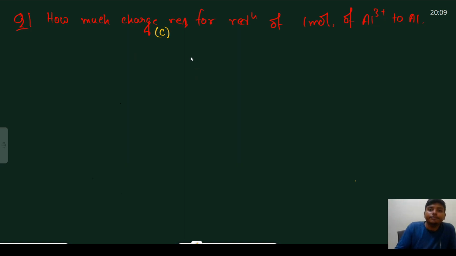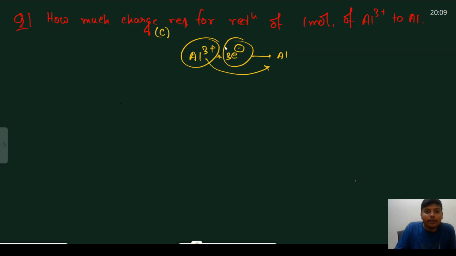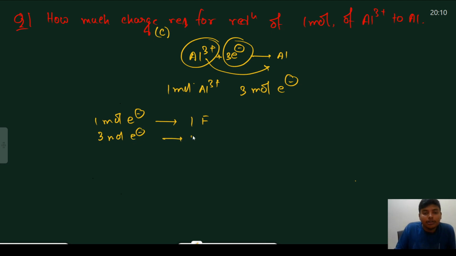Okay, simply listen. Al3 plus to Al. How many electrons do I need? 3 electrons. Yes or no? So for one aluminum ion I need 3 electrons. For 1 mole of aluminum ion, I need 3 moles of electrons. 1 mole of electrons has how much charge? 1 Faraday. 3 moles of electrons will have 3 Faraday.